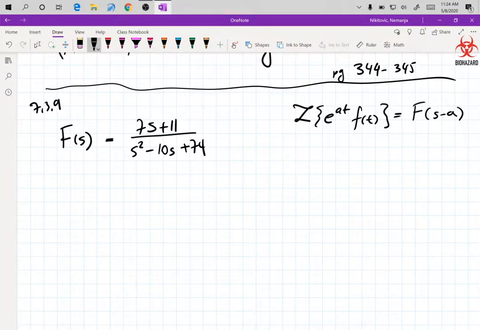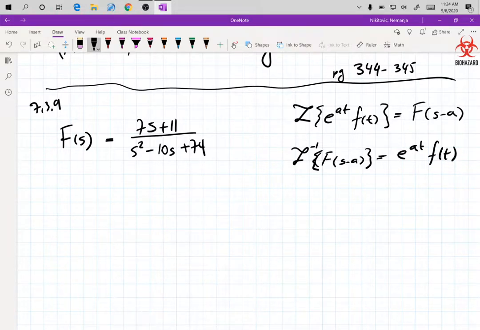And if you apply inverse Laplace to both sides, then the inverse Laplace of F of s minus a is going to be e to the at f of t. So this is where they want us to use the inverse Laplace.